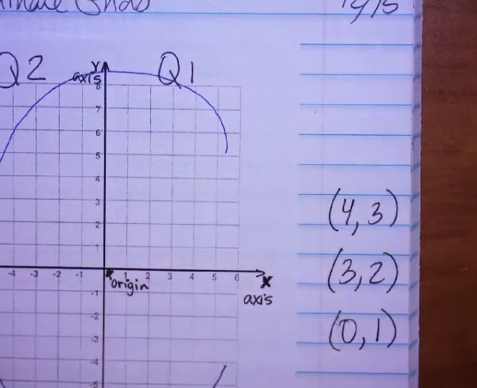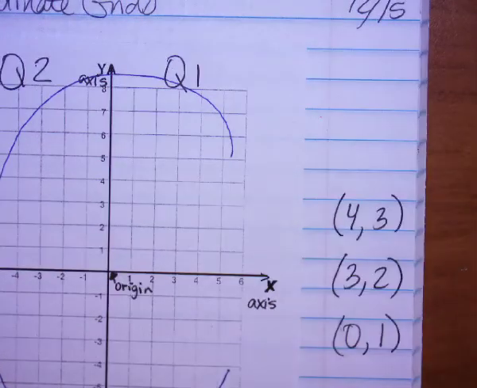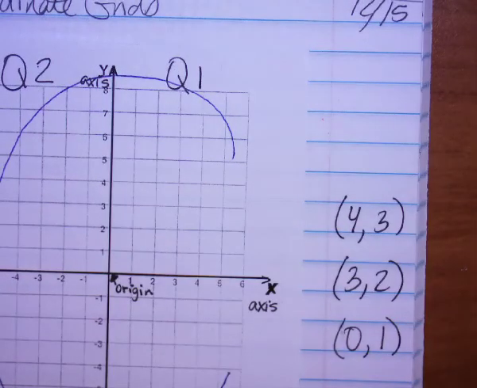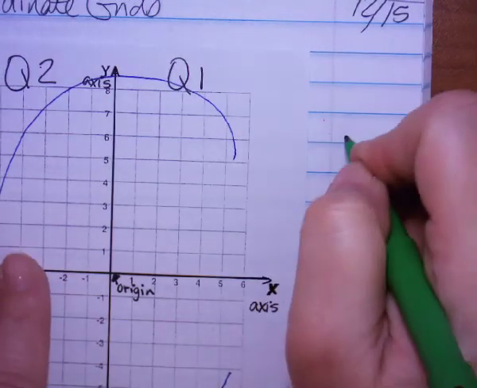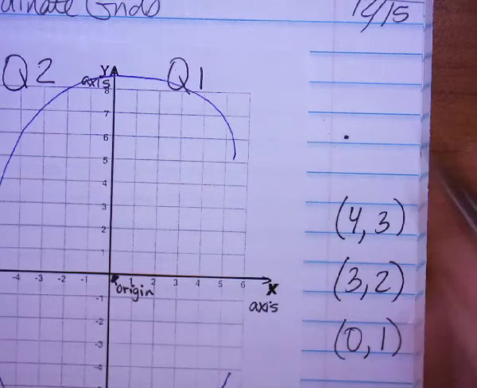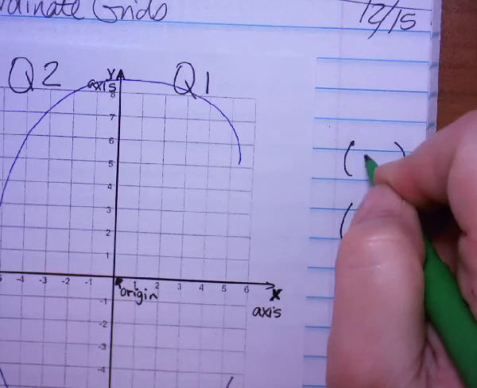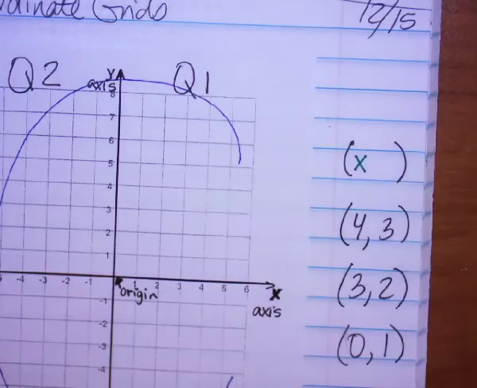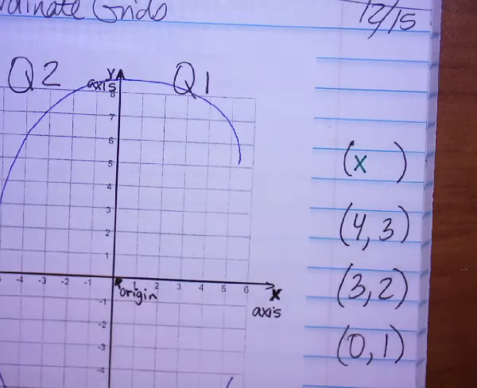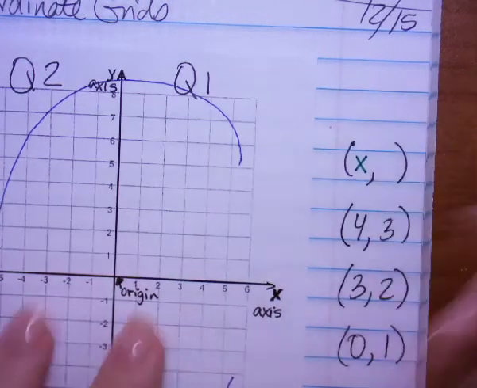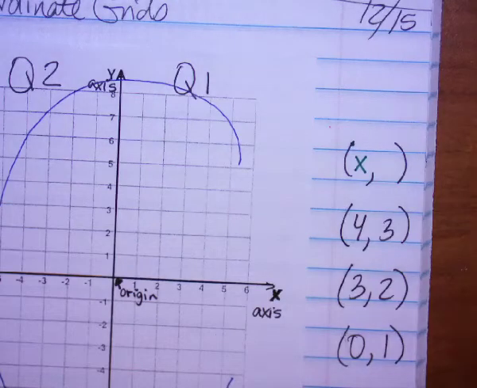Now, what we do when we are plotting coordinates is we take that first number. Let me draw my parentheses in pencil. That first number I'm going to do in green, it's your x-axis number. And then you have a comma, and then you have your y.